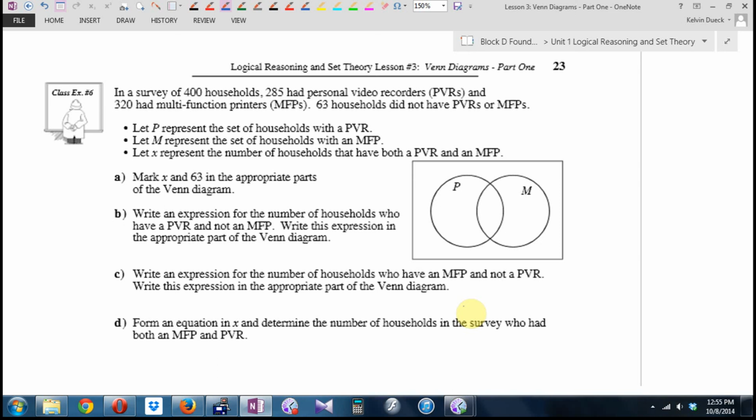And 320 had multifunction printers, MFPs. Let's use P for PVR, and M for multifunction. 63 had neither. Okay. Did they give me the overlap?